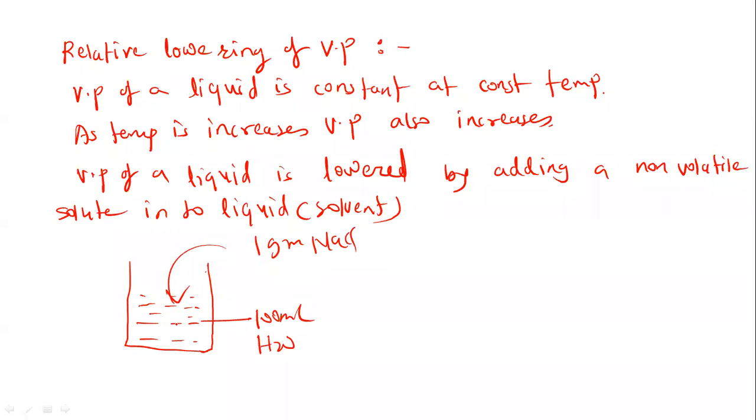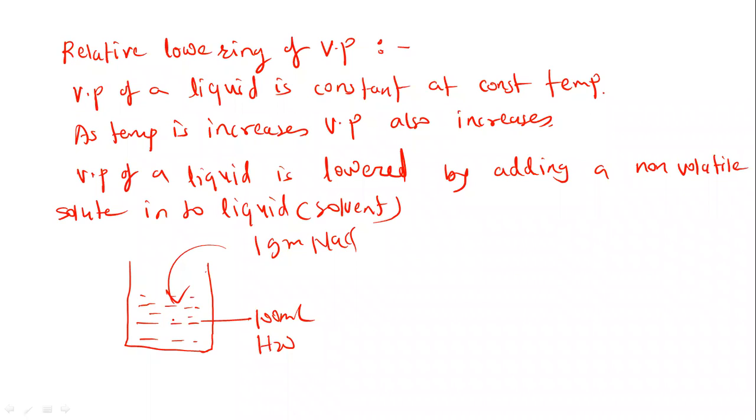You can take a routine example. When we prepare tea, suppose the milk gets boiled. Now when we add sugar into that, what happens? Due to the addition of sugar, the boiling of that milk gets reduced.